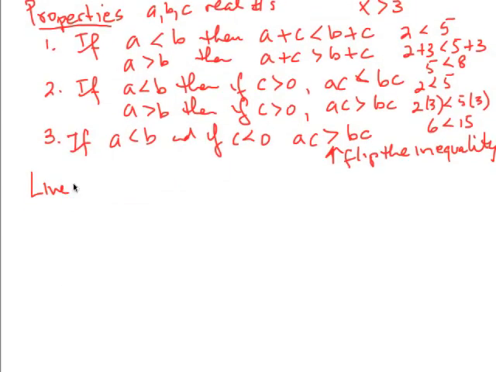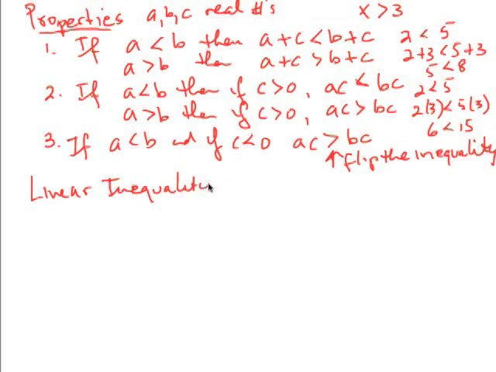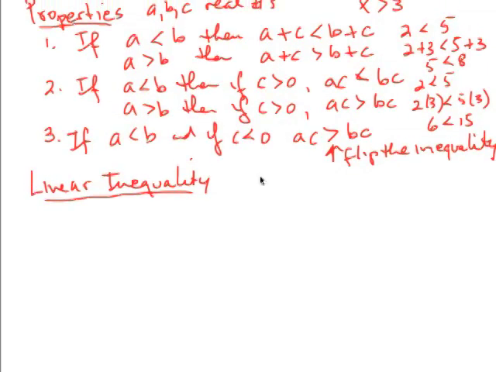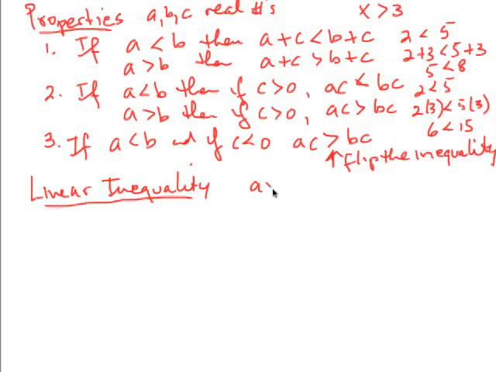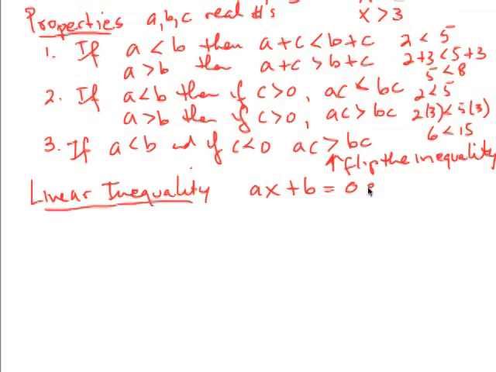Now when we talk about a linear inequality, then we go back to what we remember about a linear equation. A linear equation, of course, was AX plus B equal to 0. That's the equation.